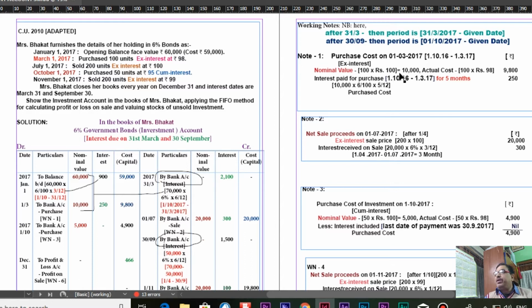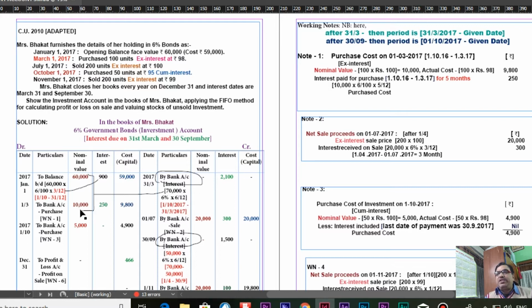100 per unit. Mind it, there is an absence of nominal value of bond. Therefore, I considered rupees 100 as nominal value of bond per unit. Therefore, I have to multiply by rupees 100, that is 10,000, and I have to put it here to bank, that is purchase.